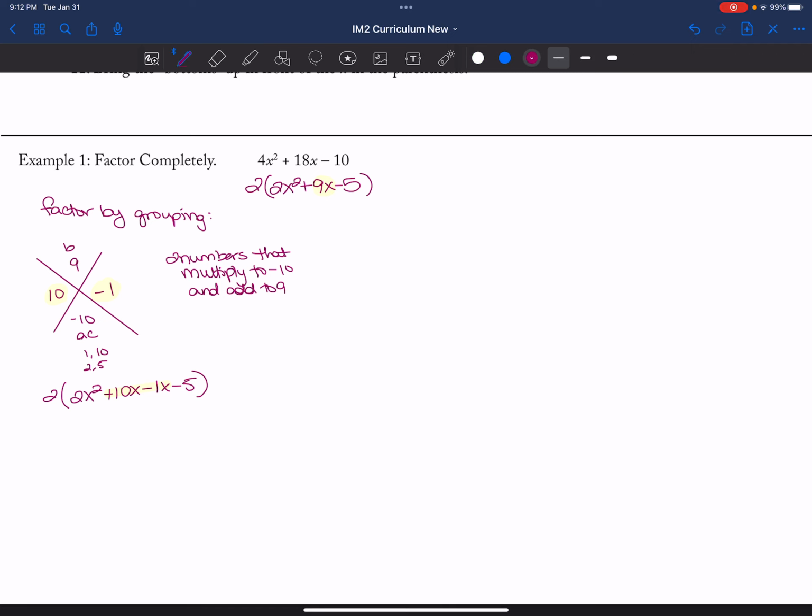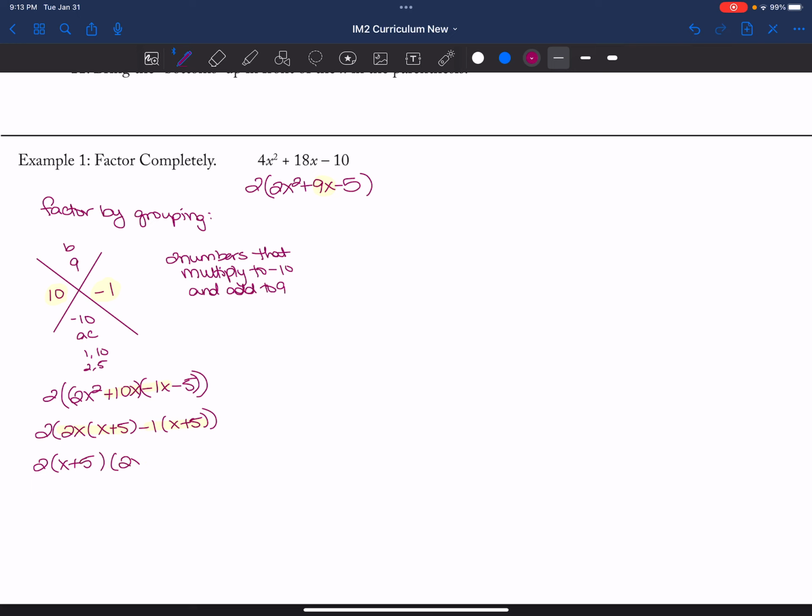Then I could factor by grouping, and I would have 2, and a 2x times x plus 5, and then a minus 1 times x plus 5. What you would notice is that there are two terms here, and what's in common is an x plus 5.